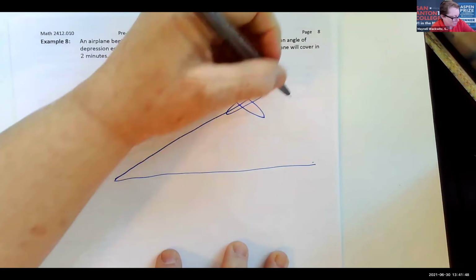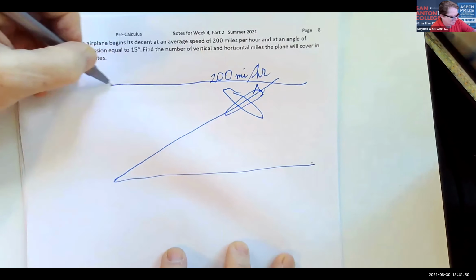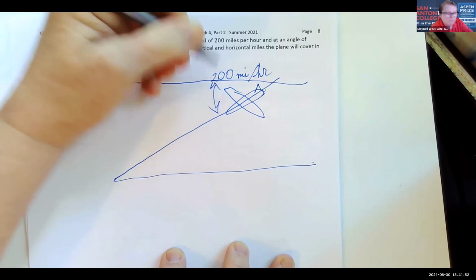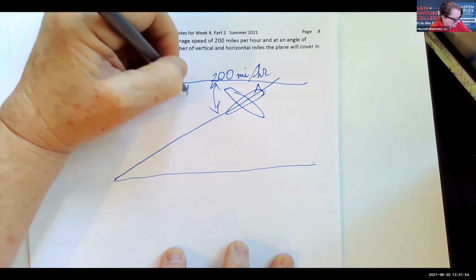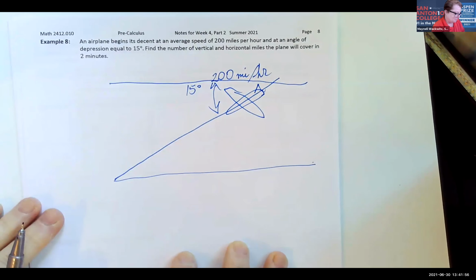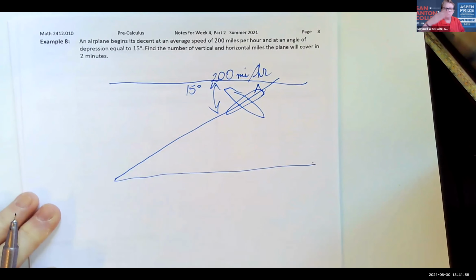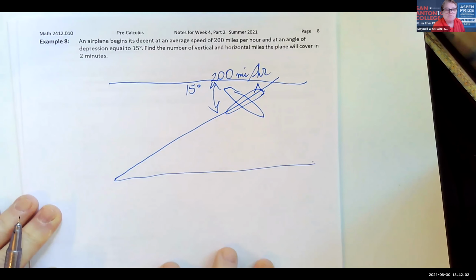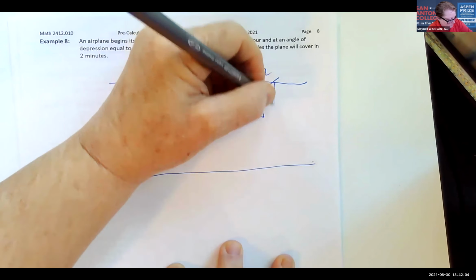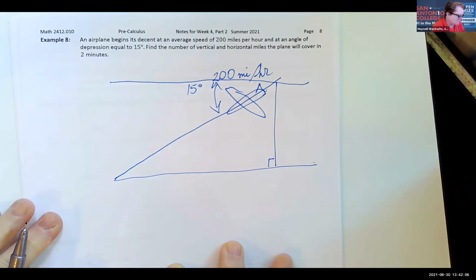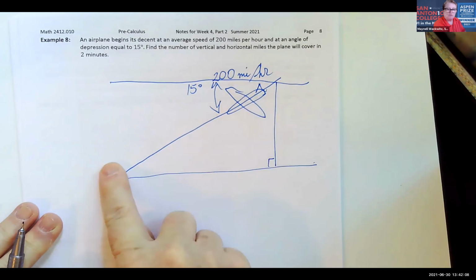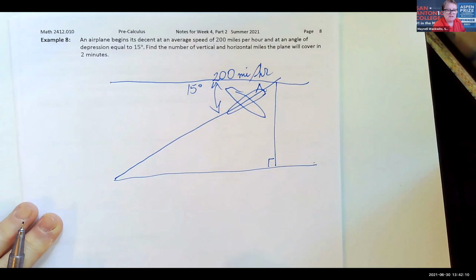The angle of depression is 15 degrees. Angle of depression is always measured with respect to the horizontal. We want to find how far the plane will go in 2 minutes.